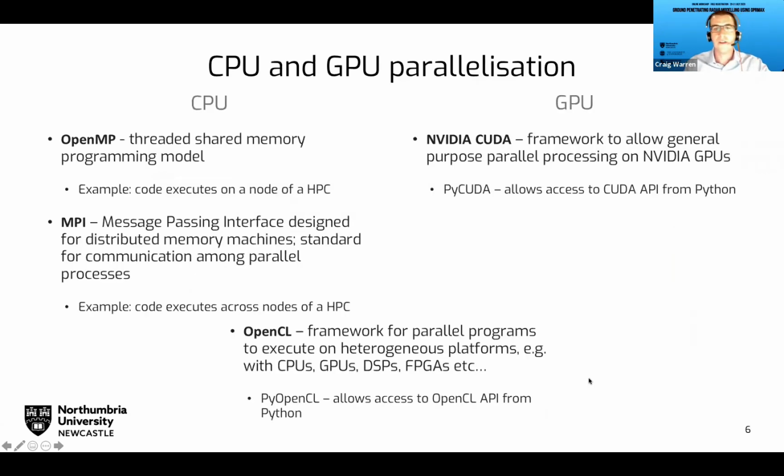So in gprMax we have several options for performance in terms of CPU and GPU parallelization. On the left-hand side, these are the technologies that we use for parallelizing code on the CPU side. By default, gprMax uses OpenMP, which is a shared memory threaded programming model.